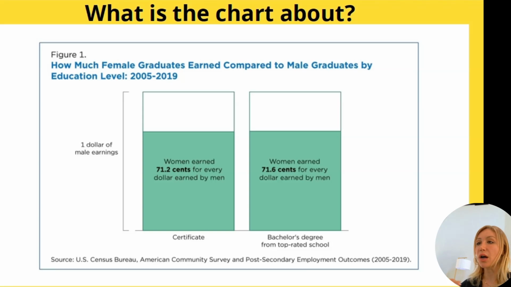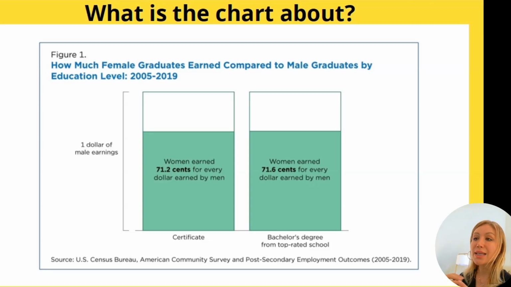So for every dollar earned by men, women with a certificate, the first bar, earned 71.2 cents, and women with a bachelor's degree from a top-rated school earned 71.6 cents. So in this chart, we see that men's earnings are implicitly treated as a reference point, right? If earnings were equal, we would expect women's earnings to also be at the $1, so the bar would be full, right? But in this case, it's not.